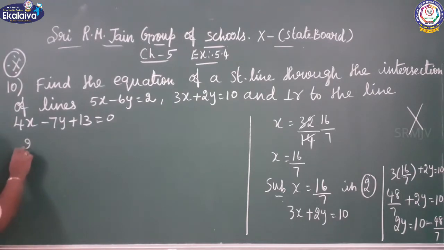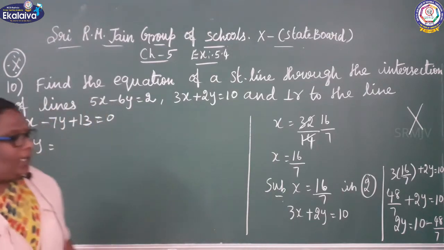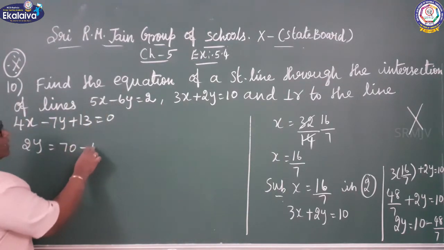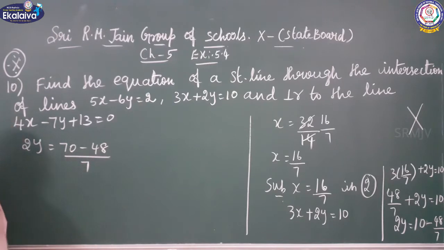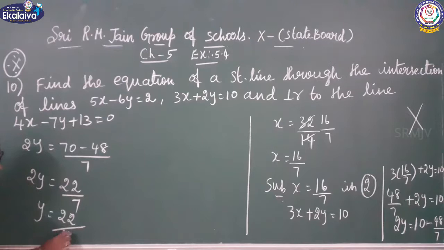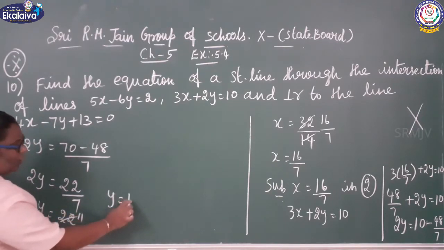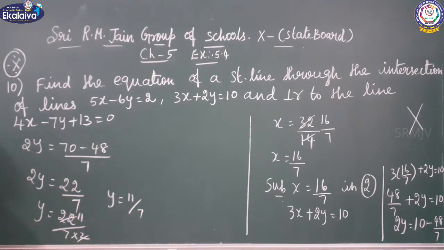See, 2y equal to, you can take the LCM, so 70 minus 48 by 7. 2y equal to 22 by 7. Y equal to 22 by 7 into 2. 7 into 2, 11 times. So what is the value of y? Y equal to 11 by 7.